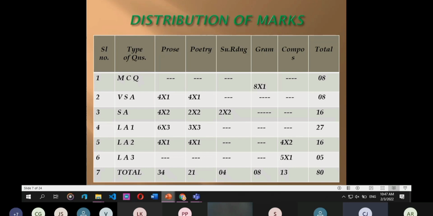Then short answer. Prose 4 questions, each 2. Poetry 2 questions, each 2. Supplementary reading 2 questions, each 2 marks, so 2 questions are reserved for supplementary reading, totally 4 marks.